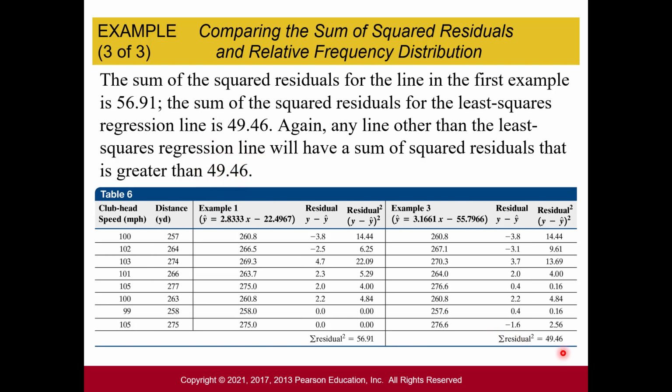This is actually the smallest number we can get for the sum of the squares of the residuals, because this is the best fit line for our data.